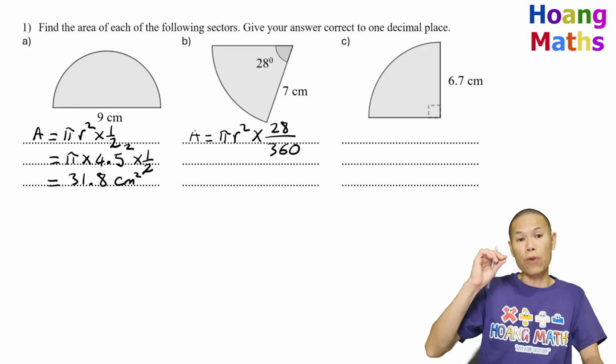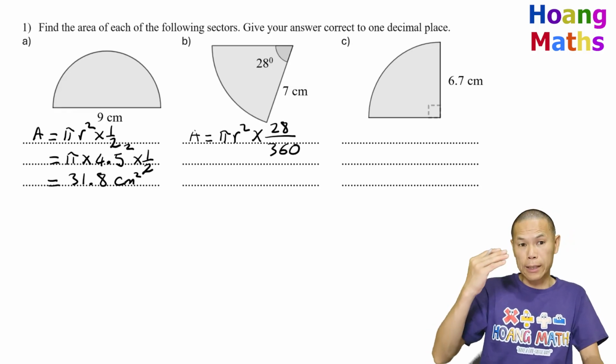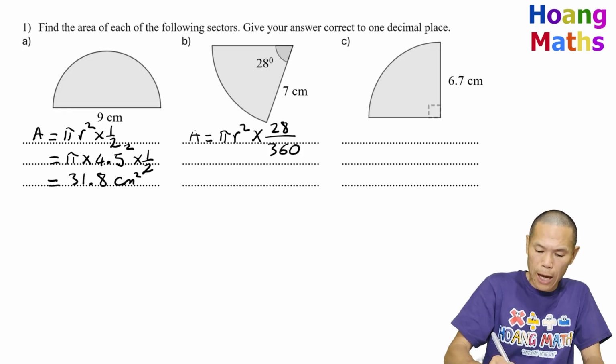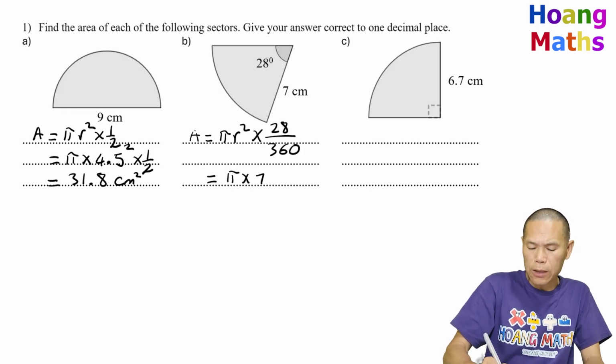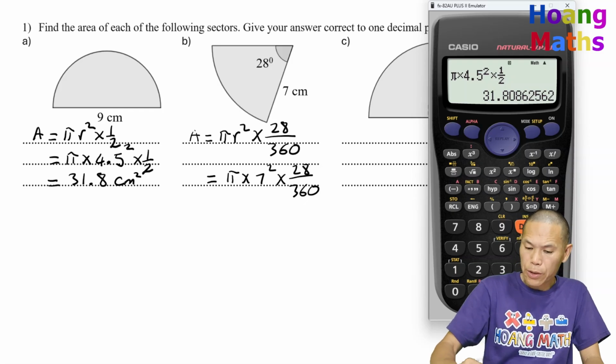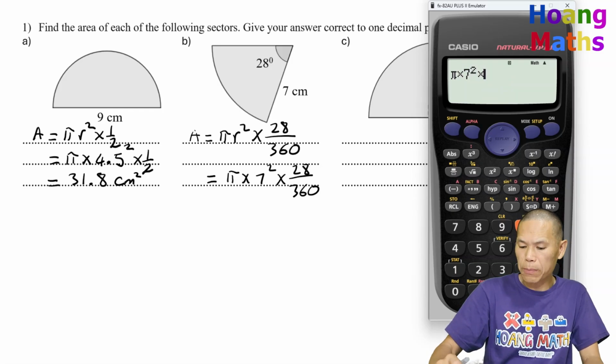And we know that the radius in this case is 7, so we just replace with that. So that will give me pi times r squared, that is 7, times by 28 out of 360. That is shift pi times 7 squared, we times 28 out of 360.